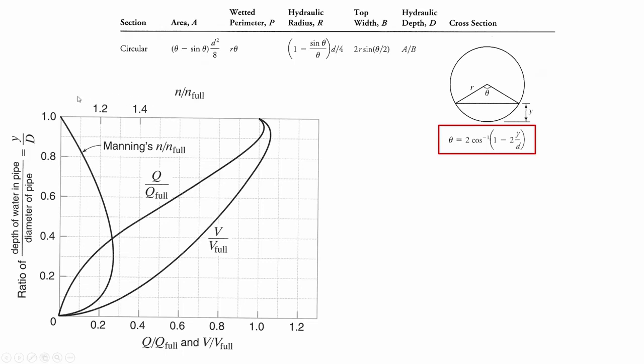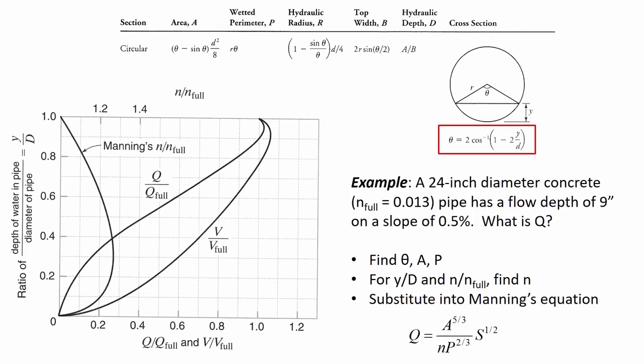We read that off of the top here, and you'll notice that the best you can do here is 1.0, the n value to n full. So if the pipe is all the way full, then you have an n value the same as n full, but otherwise the n value is larger if it's not all the way full. And we'll look at some calculations that kind of illustrate the implications of that.